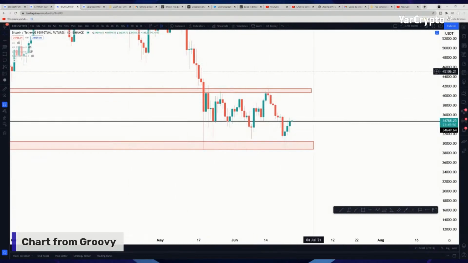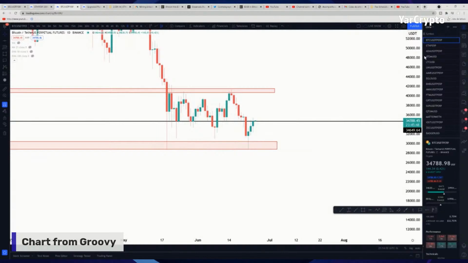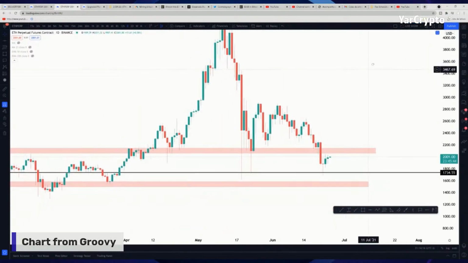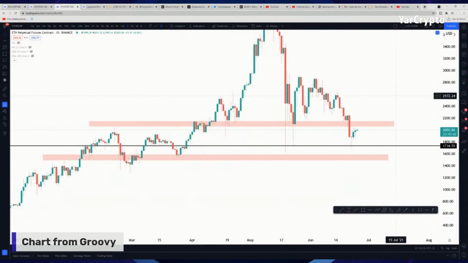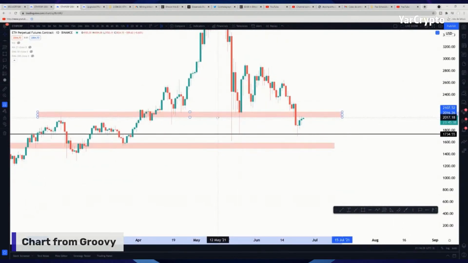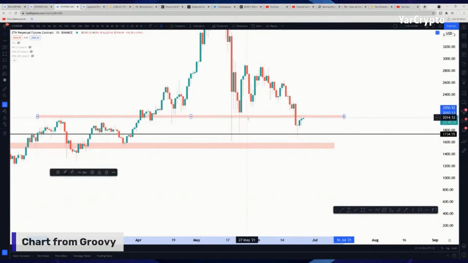But looking at Ethereum now, just gonna have a quick look. We also have a few areas of significance here. Obviously, we have the 2K level as our big resistance point right now. As you can see, we are testing it, and having a little trouble getting above it for the moment.